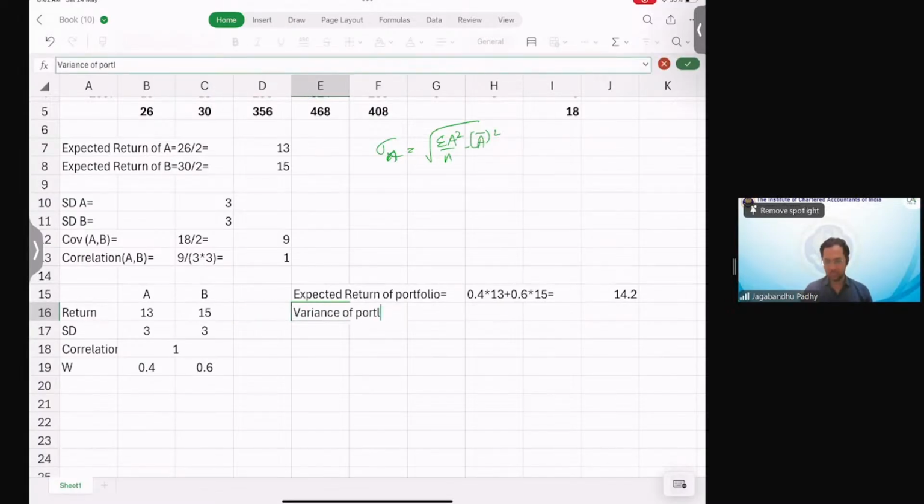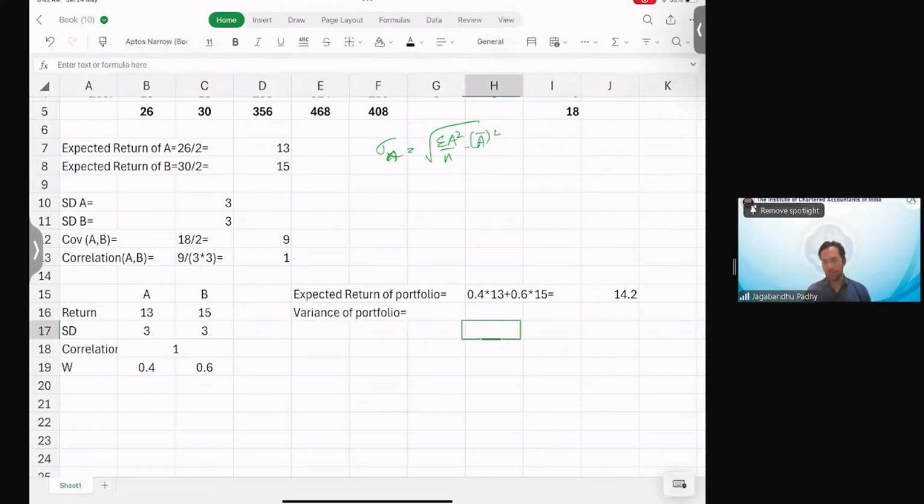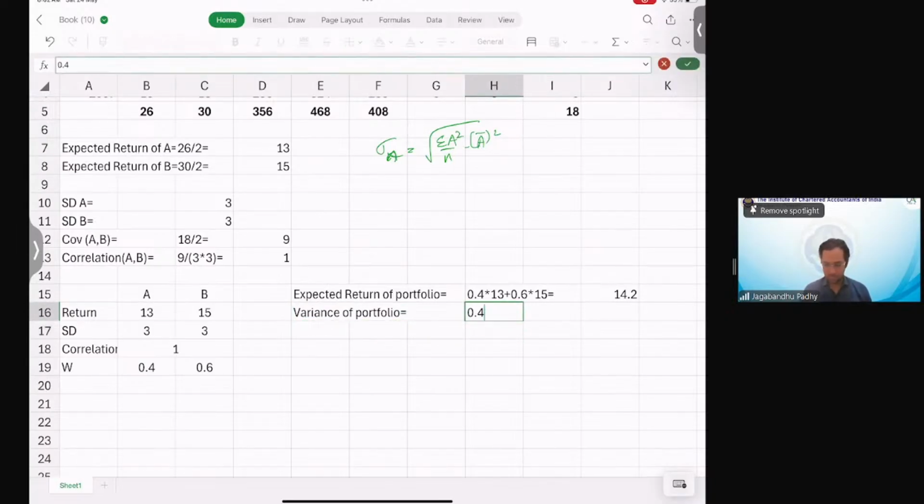Variance of the portfolio will be 0.4 into 0.4, which is weight square, into 3 into 3, which is standard deviation square, plus 0.6 into 0.6 into 3 into 3, which is again the standard deviation square, plus 2 into 0.4 into 0.6 into 9, which is the covariance term.